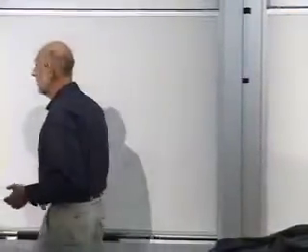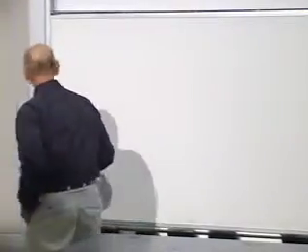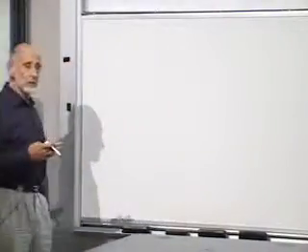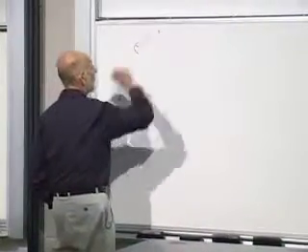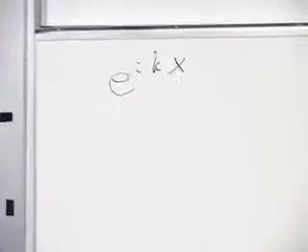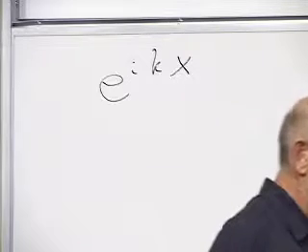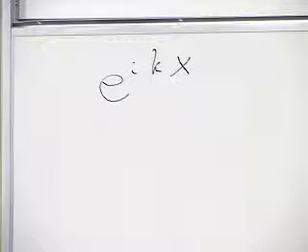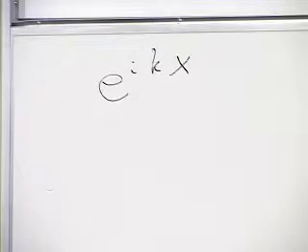And under those circumstances, a plane wave, instead of being sines and cosines, will be of the form e to the i k x. k can be positive or negative. A k being positive corresponds to a wave moving to the right around the loop. A negative k corresponds to a momentum going in the other direction.